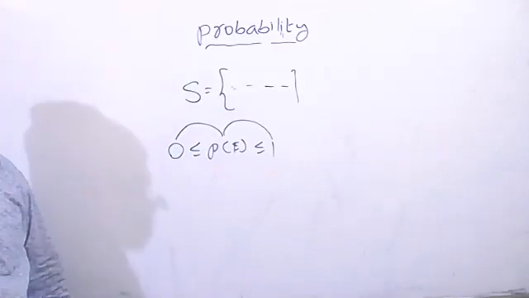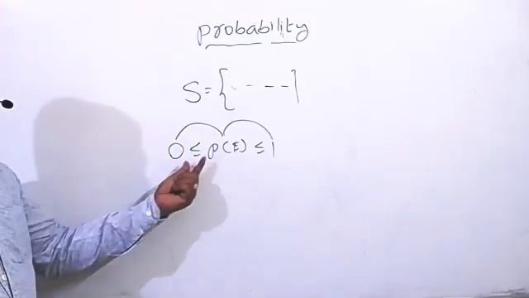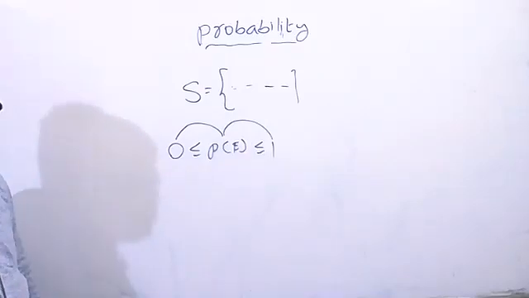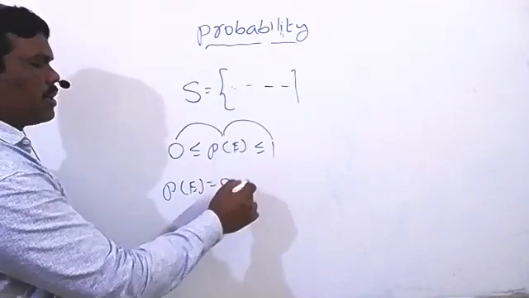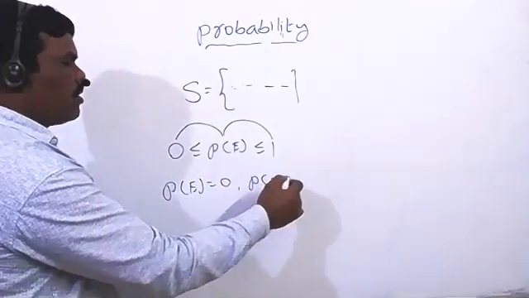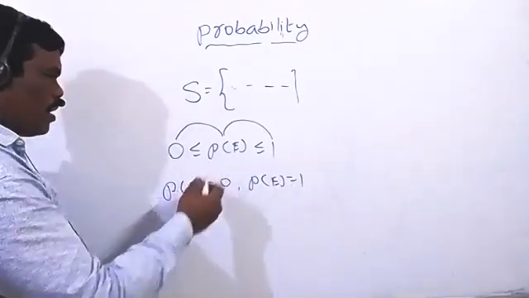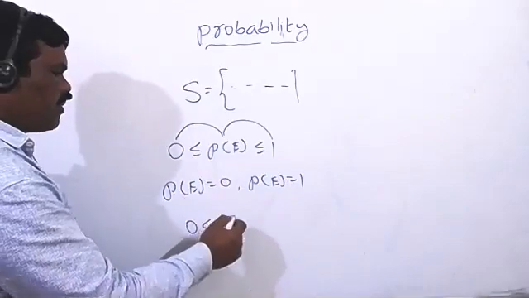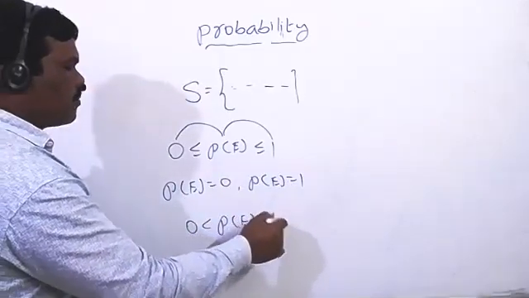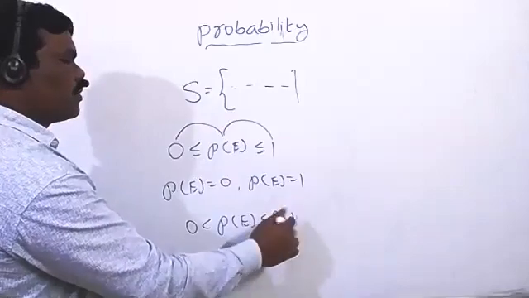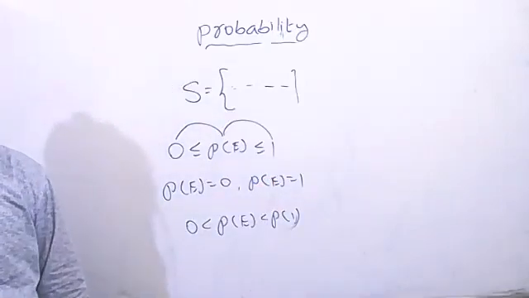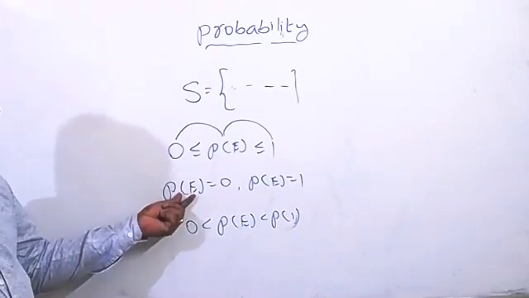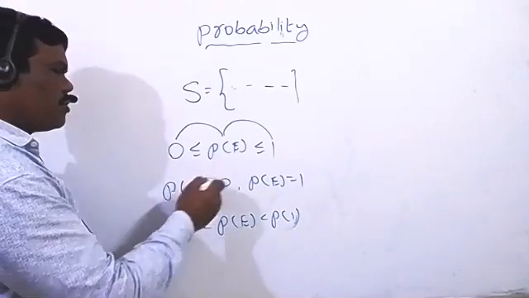Correct? Based on the one single condition, we are getting three cases here. One is probability of event equal to 0, the second is probability of event equal to 1, and the third is probability of event lying between 0 and 1. We know the definitions. P(E) equal to 0, what do we call this?